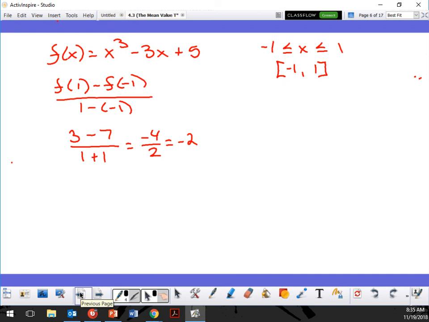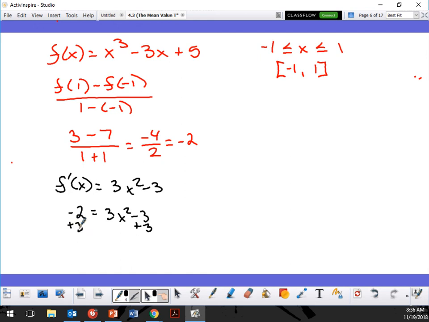Okay, let's find the derivative. So f prime of x is going to be 3x squared minus 3. Now from here, somewhere my slope should be equal to negative 2. So negative 2 equals 3x squared minus 3. Add 3.